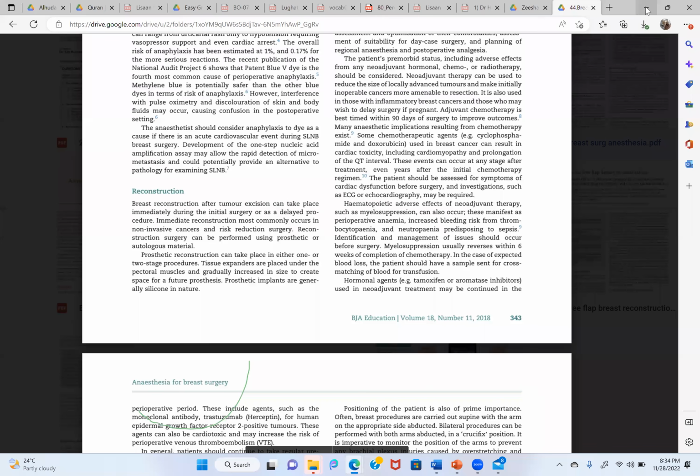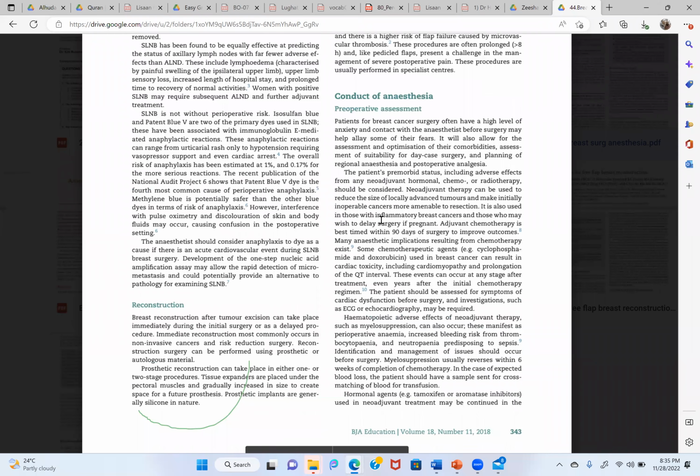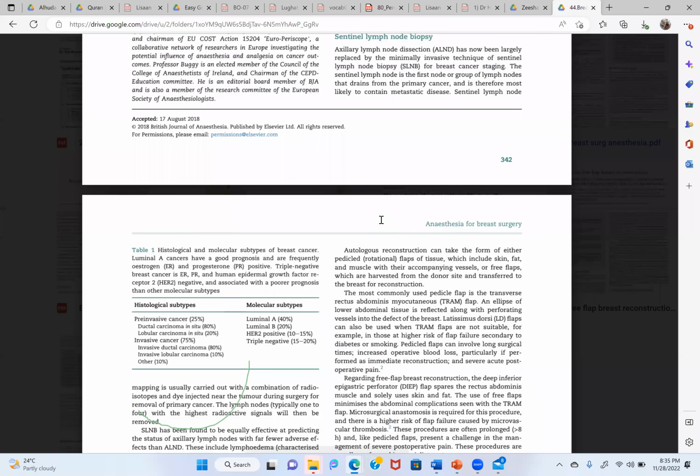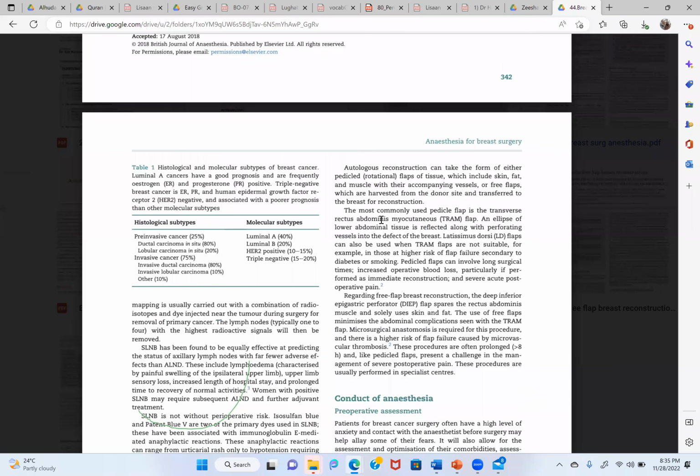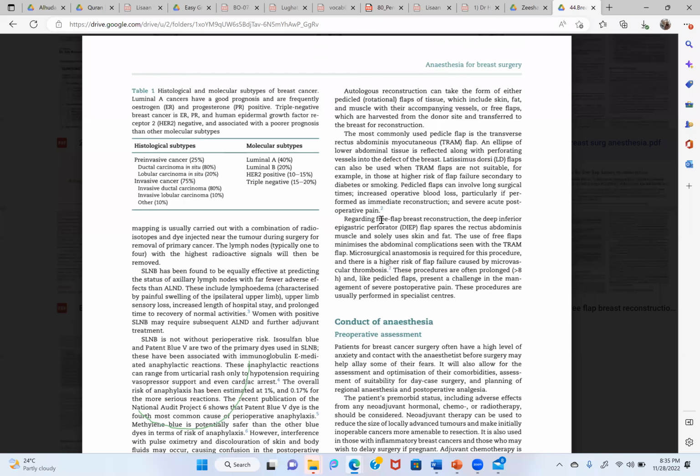Similarly, there are some other things for surgeries other than breast carcinoma. But usually these are the things I just wanted you to know, because it's not something too complicated. You should think about what the possible things are, and the things I have told you are valid for any carcinoma.